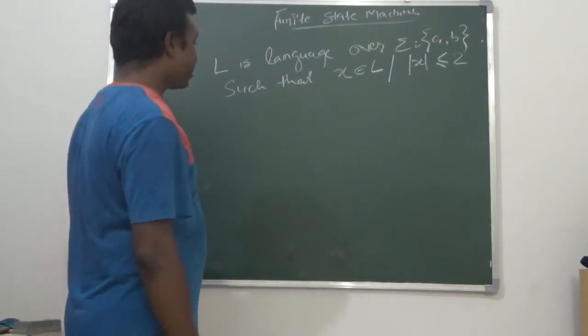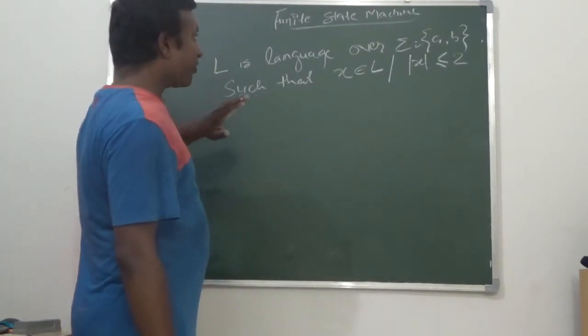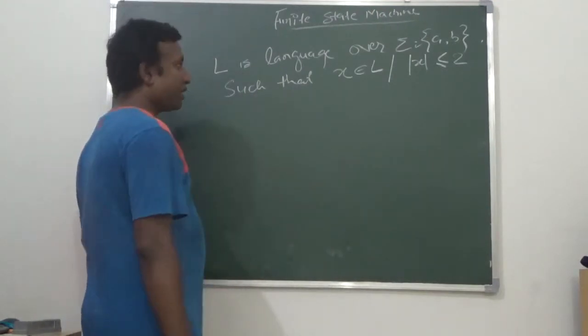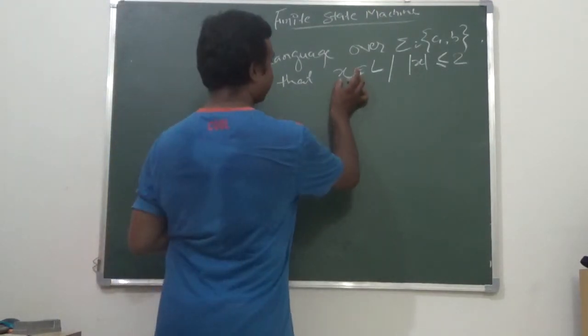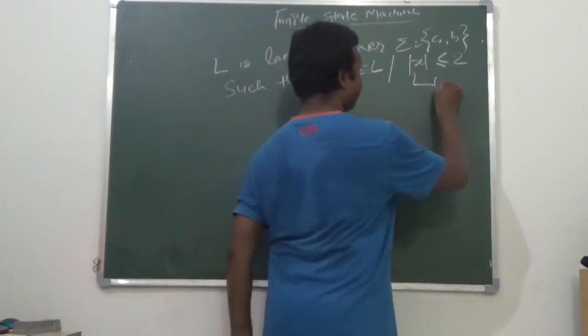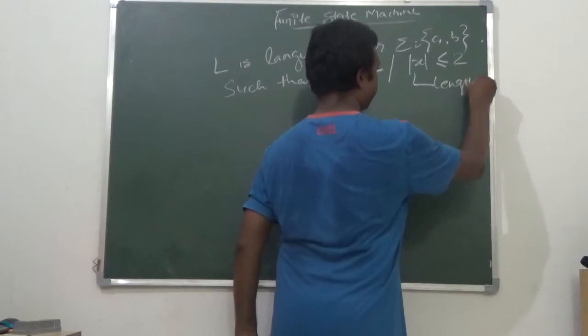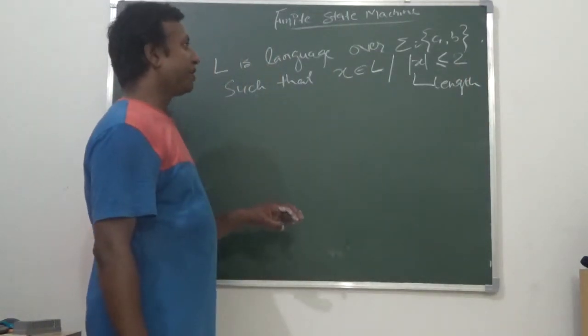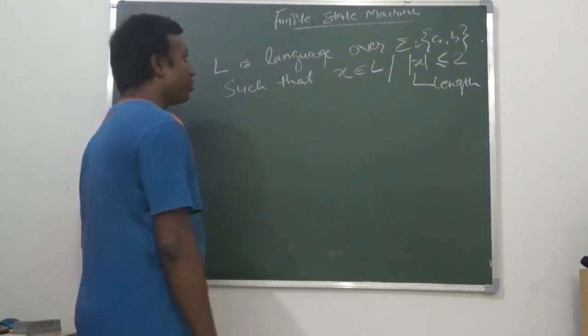What is the meaning of this statement? L is a language over sigma, and sigma is already given, such that if there is some string in L, then the length of that particular string is less than or equal to 2.